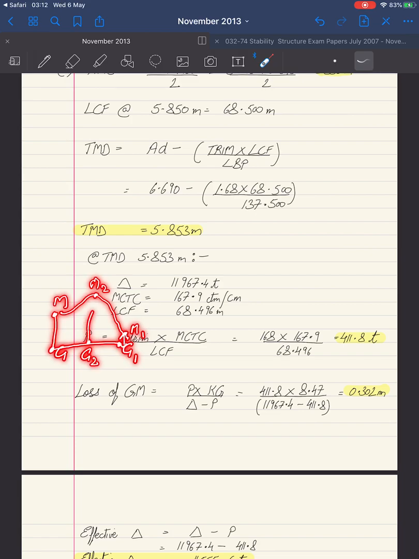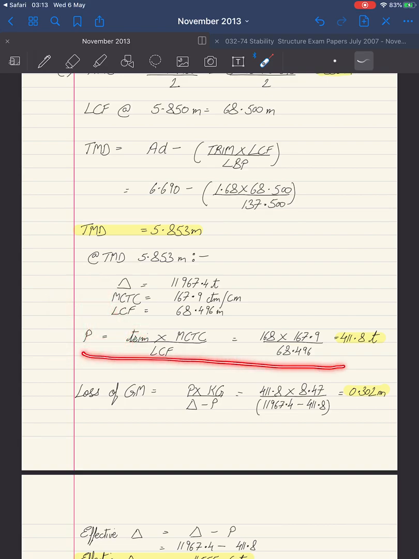In this particular case, it is clearly observed that G2M2, which could have been the GM at critical instant, is actually more than the GM which the ship had initially. So first we calculate the P force, which we have done and found the value as 411.8 tons. This will take into consideration the movement of M from its place, which can increase or decrease.